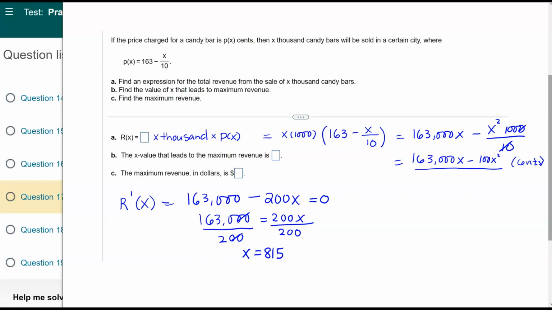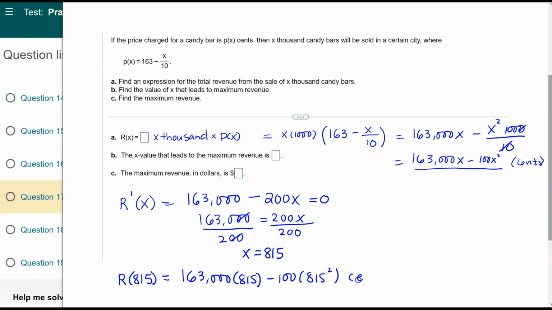Then, lastly, let's find the maximum revenue. So we are going to evaluate our revenue function at 815. So R of 815 is equal to 163,000 times 815 minus 100 times 815 squared.